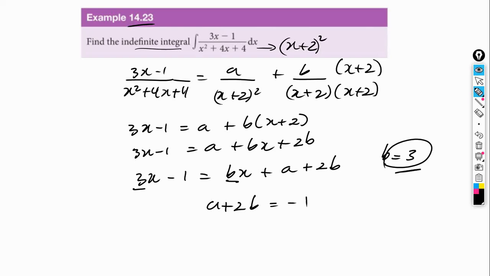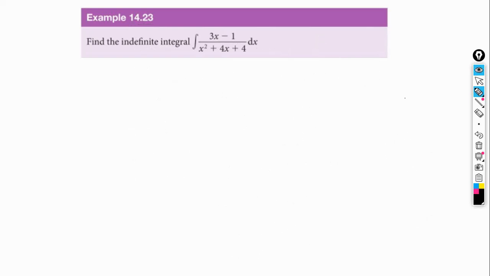But we already know what B is, so that means that A + 2 times 3 is equal to -1. So this would be A + 6 is equal to -1. Therefore, A must be -7. So now we're ready to solve. So we said that A is equal to -7 and B is equal to 3.